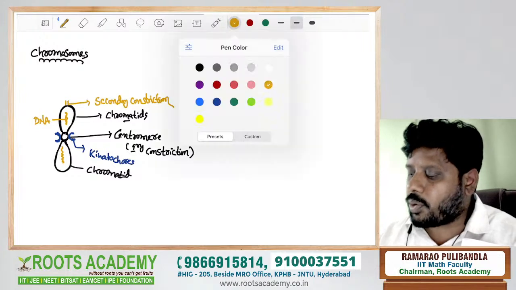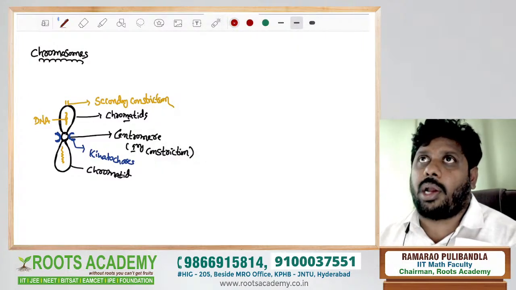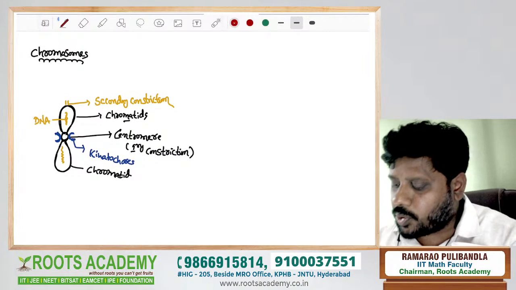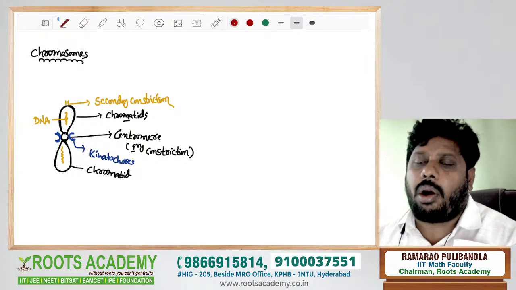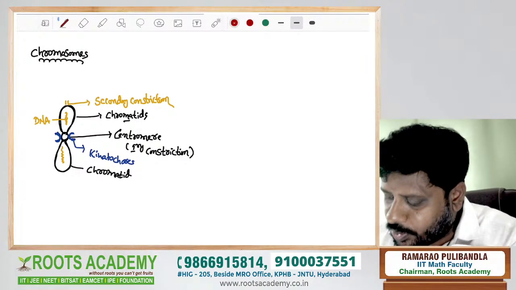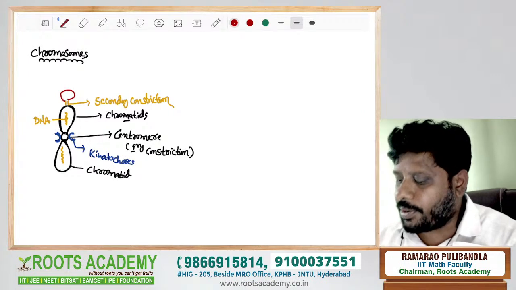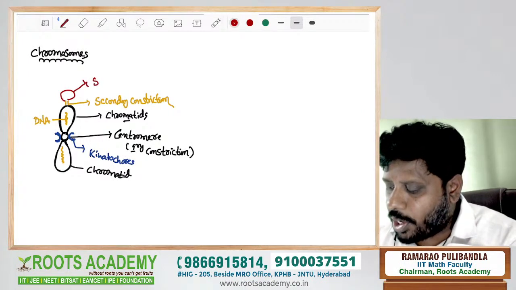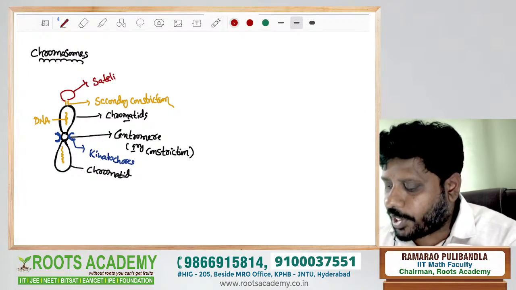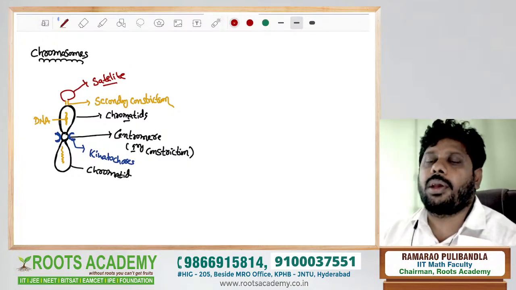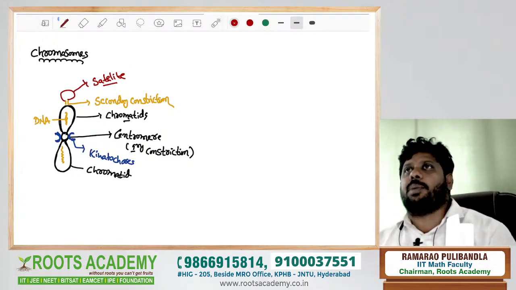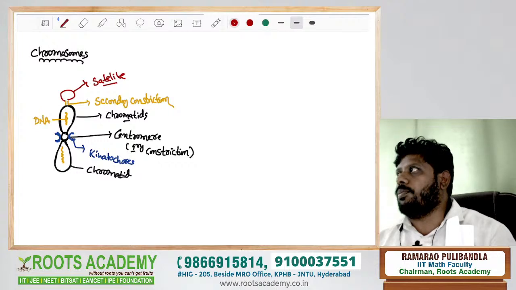Not in all chromosomes, in some chromosomes, just above the secondary constriction, one more spherical body is present, called the satellite. The satellite is not present in all chromosomes.